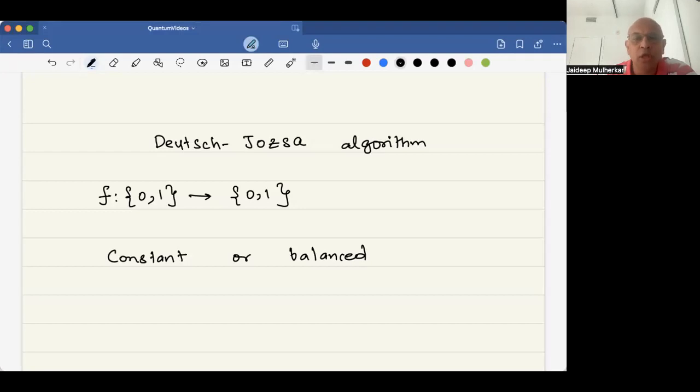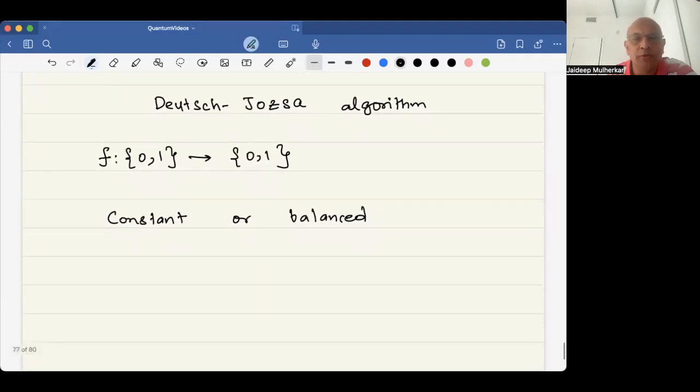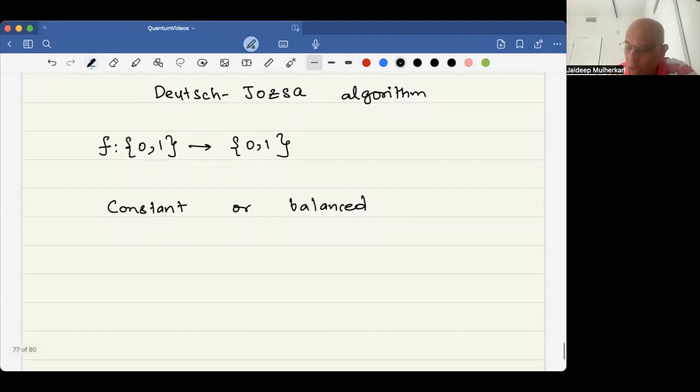Now, the Deutsch Jozsa algorithm is a generalization of this idea. In the Deutsch Jozsa case, we have a function from 0, 1 to the power n to 0, 1.